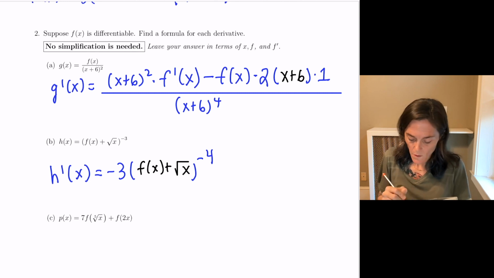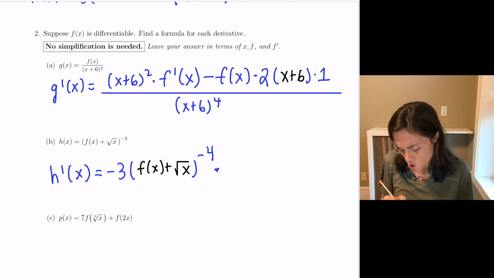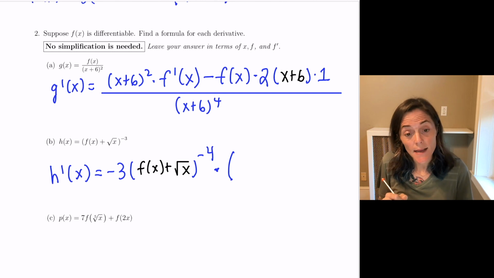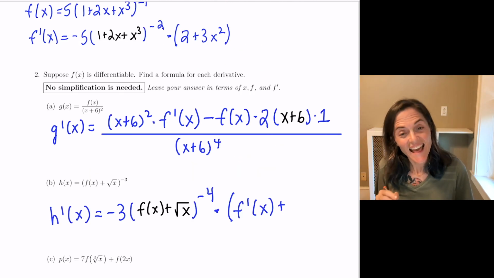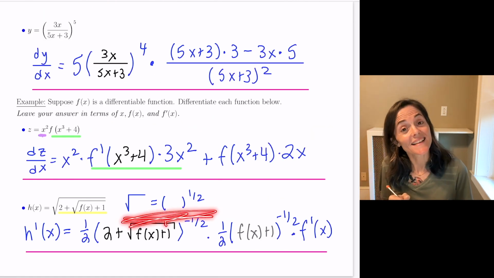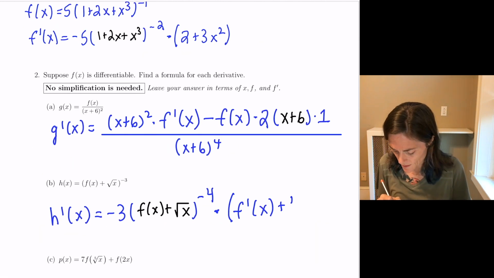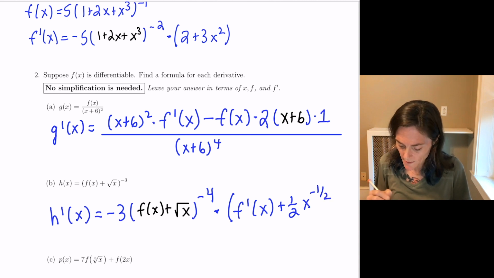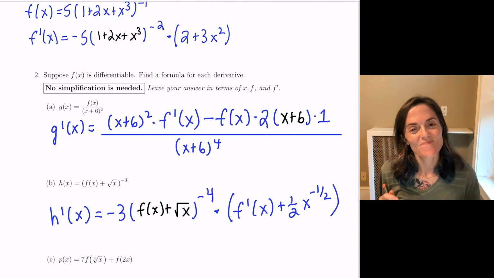Now, once we have this, we multiply by the derivative of the inside function. Don't forget your parentheses here. So we have the derivative of f is f prime. And then, as we were discussing here, 1/2 power. So bring down the power, x to the power minus 1/2. So here is h prime of x.